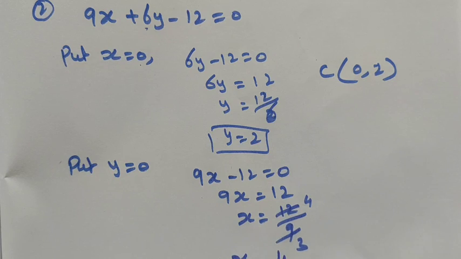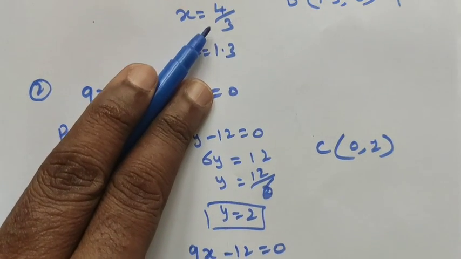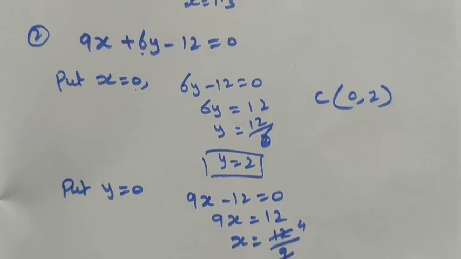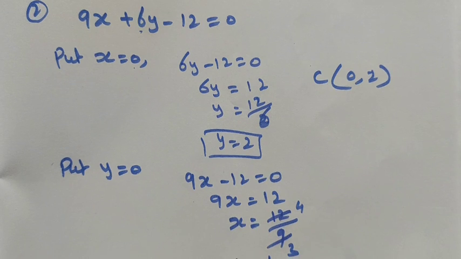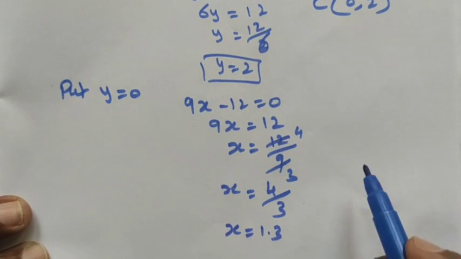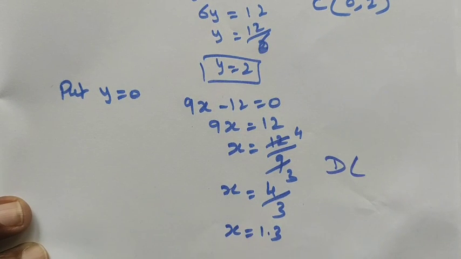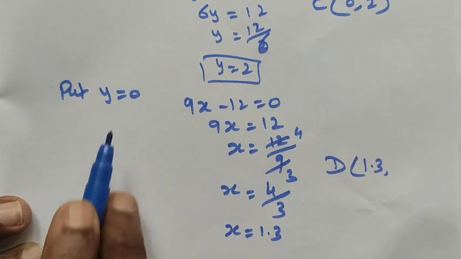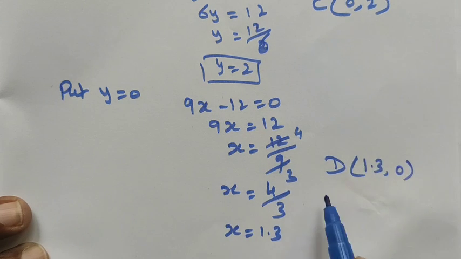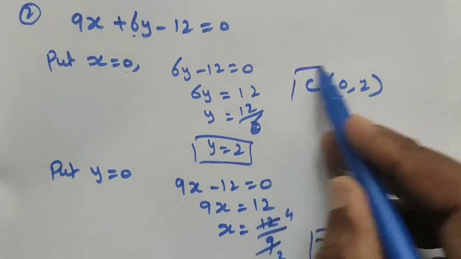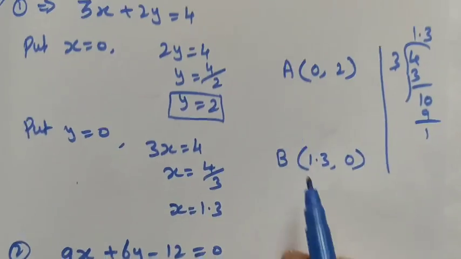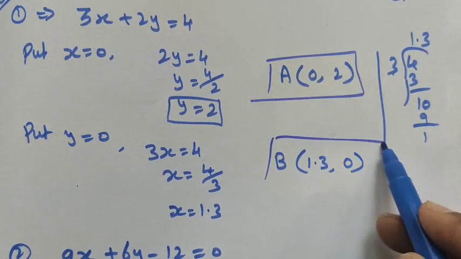Then x is equal to 4 by 3, that is x is equal to 1.3. Let me take it as the point D, that is (1.3, 0). This is D, this is C for equation number 2. For equation number 1 we have A and B.